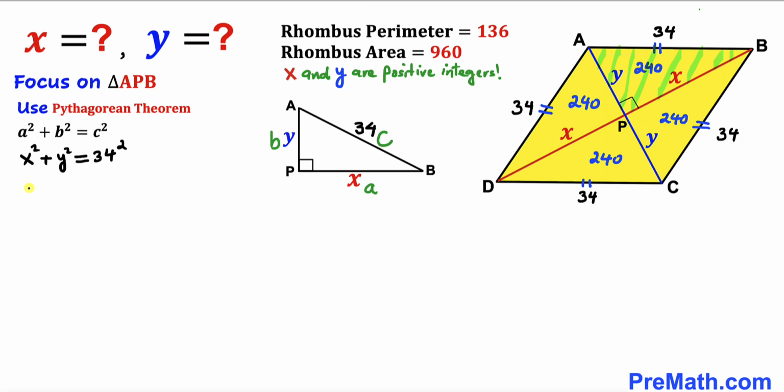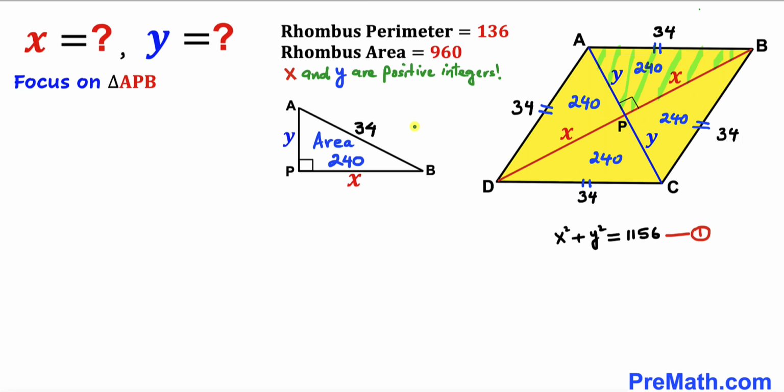Let's simplify this. X squared plus Y squared is equal to 1156. Let me call this equation number 1. Now let's focus on triangle APB once again, whose area is 240.